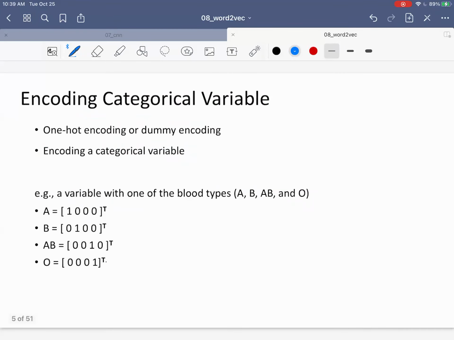So how can we encode a word, which is a discrete concept? If you think about all the words in the English dictionary, from A to Z, boy, cat, girl, dog, whatever, all the way to zebra, there should be like 50 or 60,000 words, or maybe 100,000 words in an English dictionary.